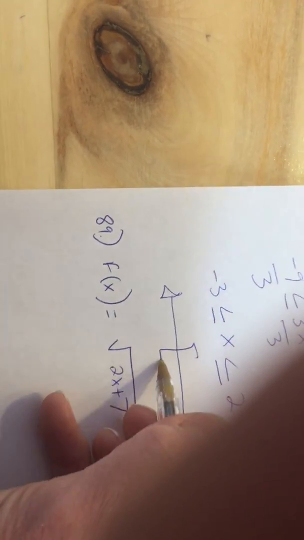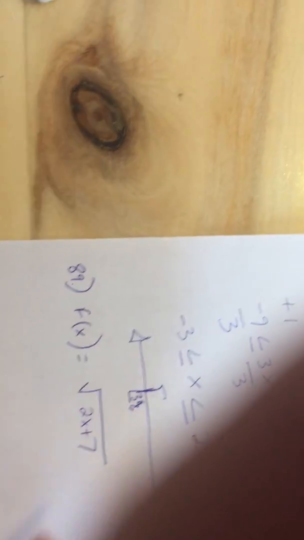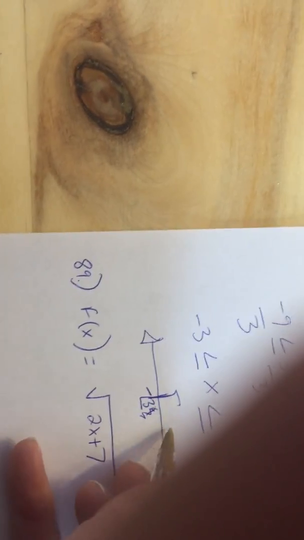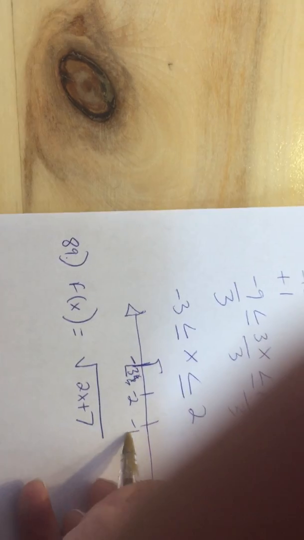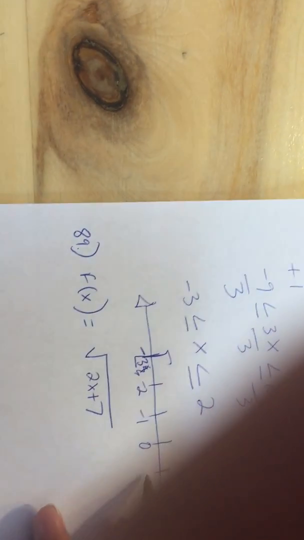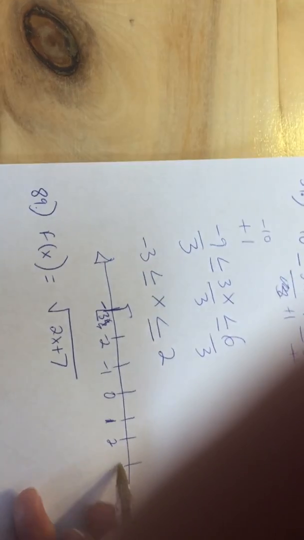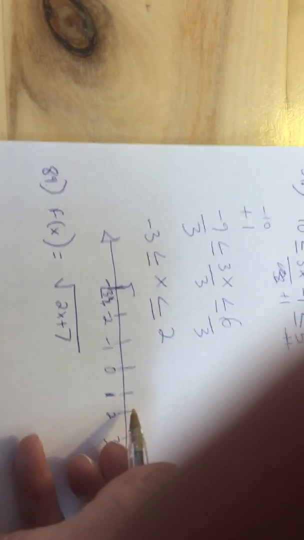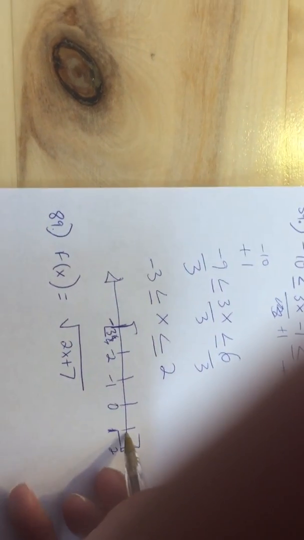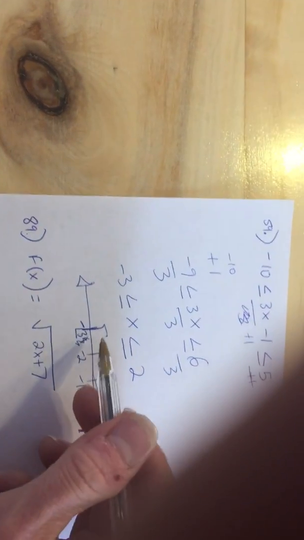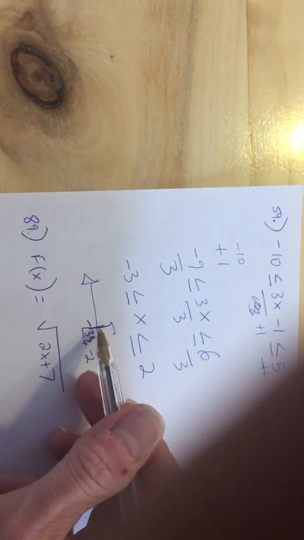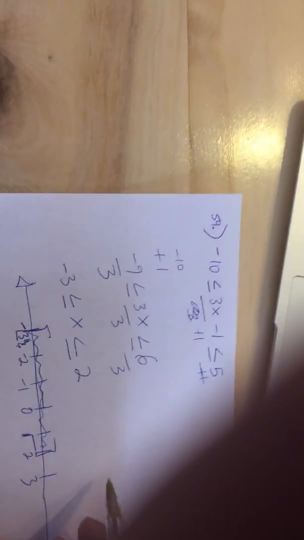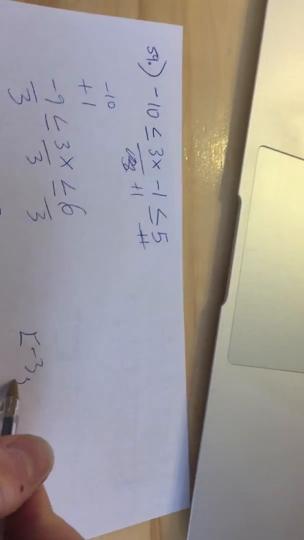So basically, here is 3x, here's -3, here's a -2, here's a -1, here's 0, here's 1, here's 2, here's 3, and really x is going to be less than or equal to 2 and going that way, and x is going to be including -3 and going this way. So the way that you would write it is with the bracket, my finger's blocking something, sorry, -3, 2, and both of them get brackets.